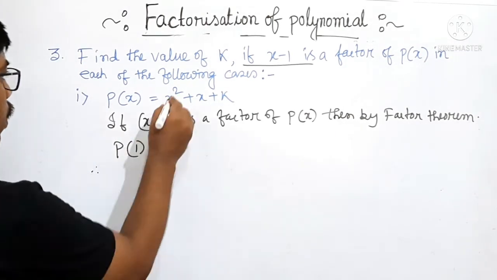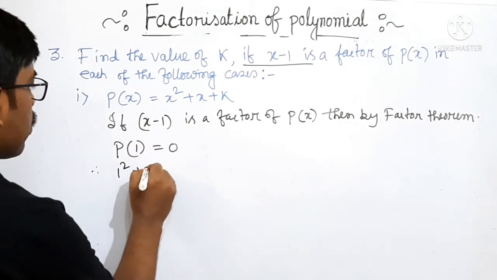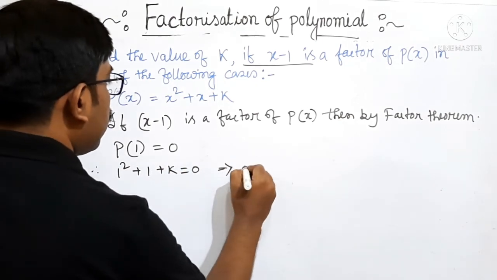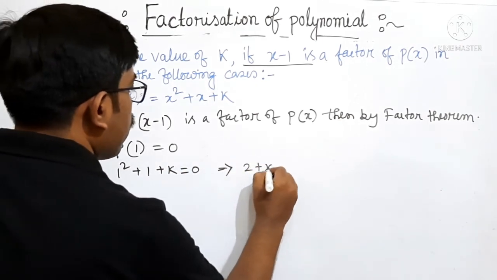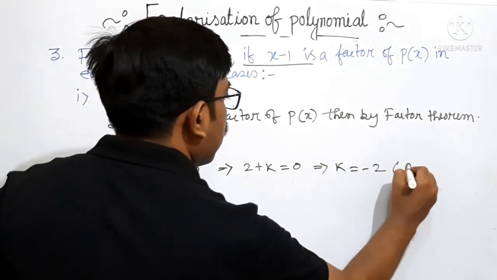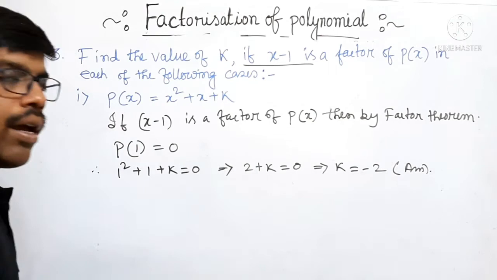So P(1) means 1 square plus 1 plus k is equal to 0, implies 2 plus k is equal to 0, implies k is equal to minus 2, and this is the answer.